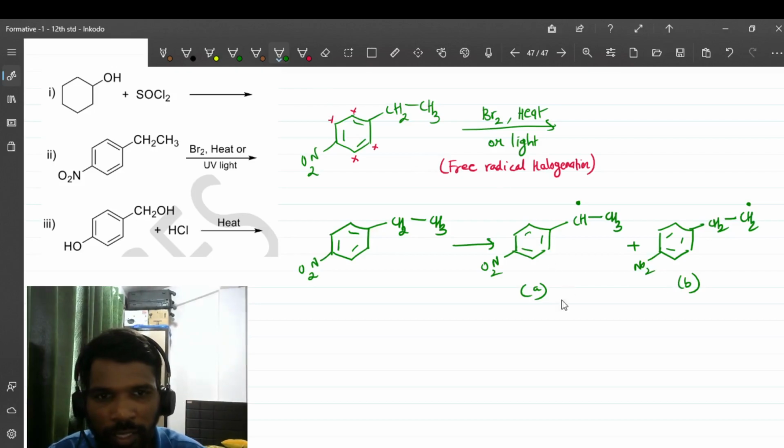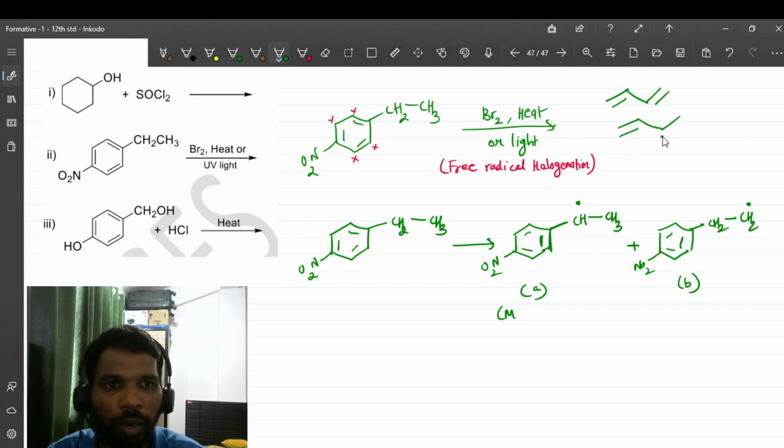This is more stable. This free radical is more stable because it is in conjugation: pi, sigma, and free radical. This is what the conjugation is. This is less stable. See, conjugation means there should be either pi, sigma, pi, or pi bond, sigma, lone electron, pi, sigma, negative, pi, sigma, positive.